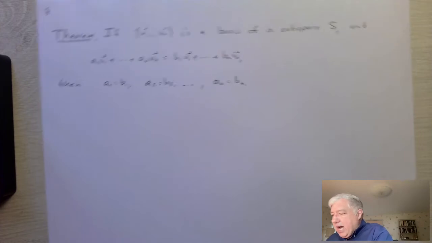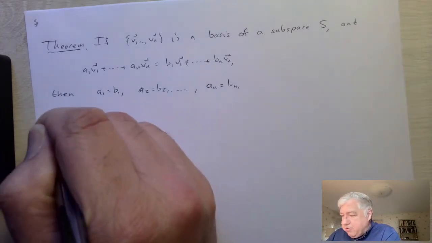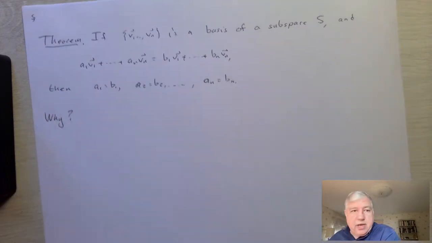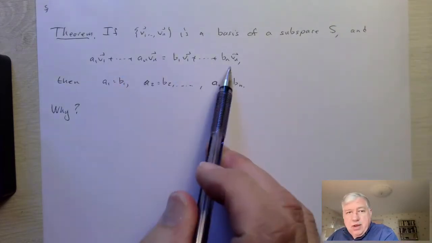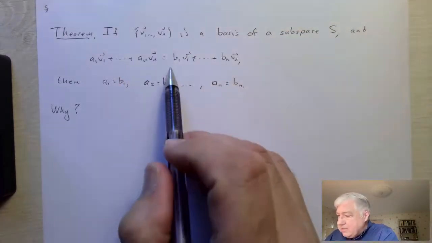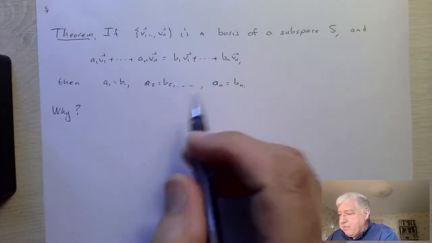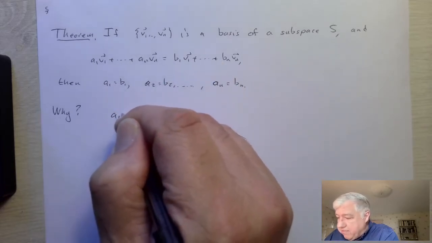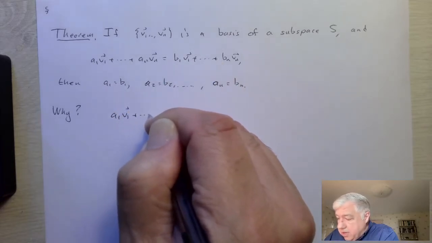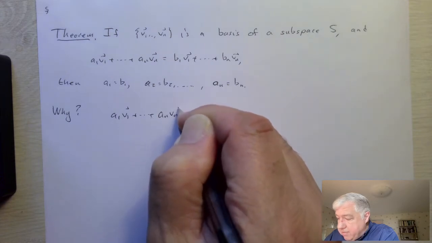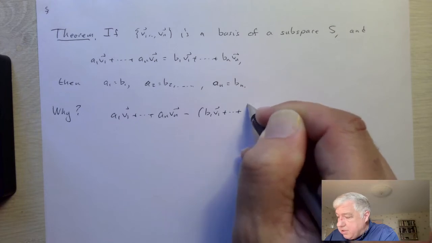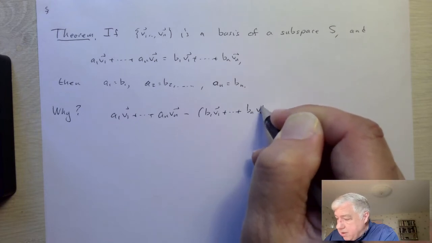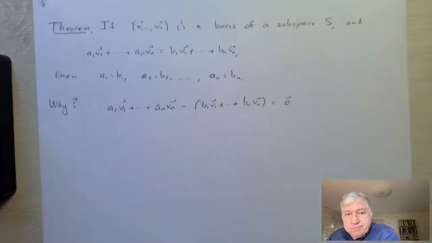And the reason why is this, or the proof, say why. Okay, well, if this equals this, we can subtract this whole linear combination from both sides, so we get A1 V1 plus dot dot dot plus An Vn minus B1 V1 plus dot dot dot plus Bn Vn equals 0.